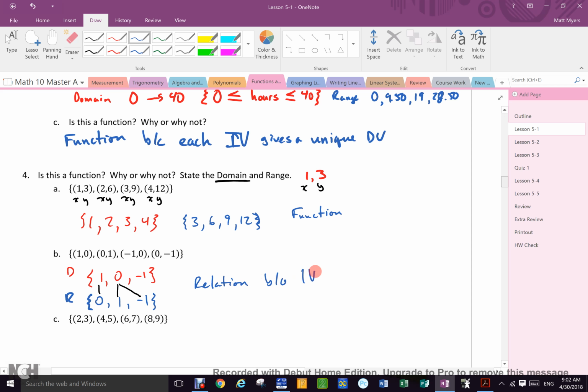because an independent variable of 0 gives 2 dependent variables. Everybody understand? Because 0 as an input has 2 different outputs, we're screwed. Everybody cool?